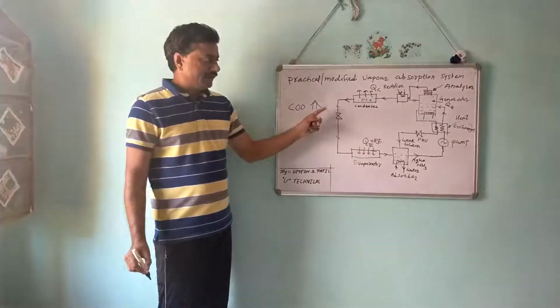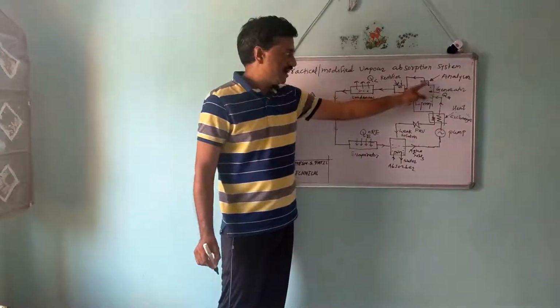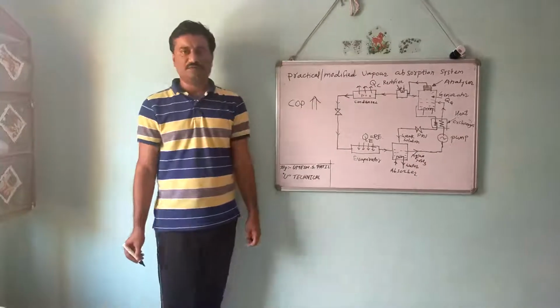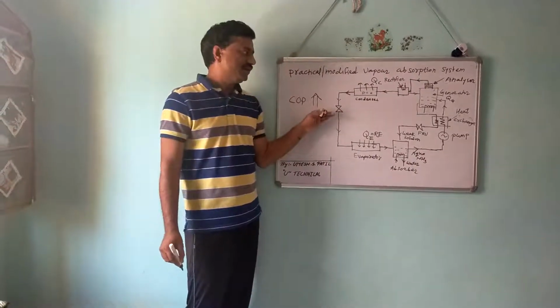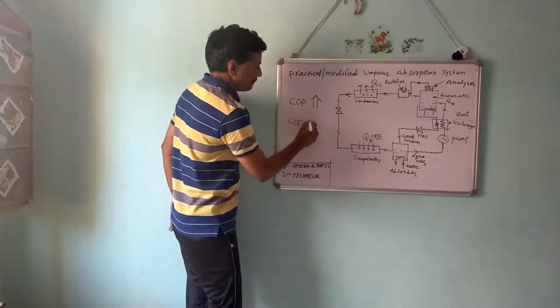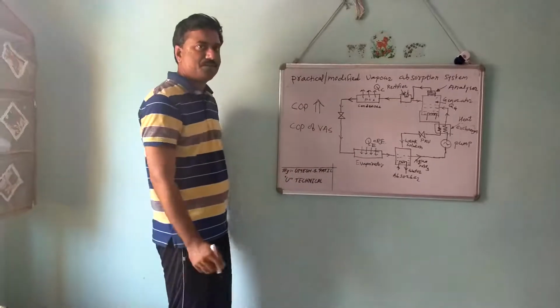Only to improve the COP of the vapor absorption system, the additional analyzer, rectifier and heat exchanger are added. So in the next lecture, we will see how to calculate the COP of the vapor absorption system.